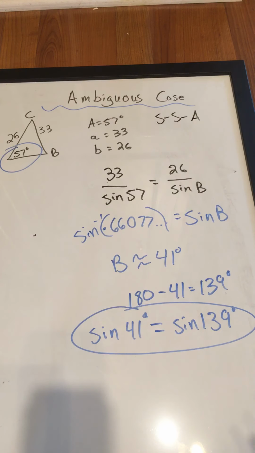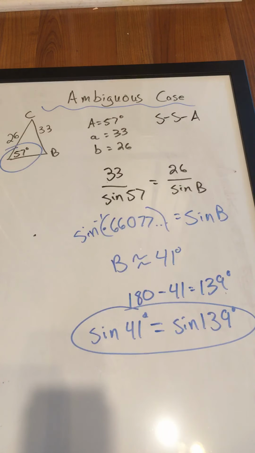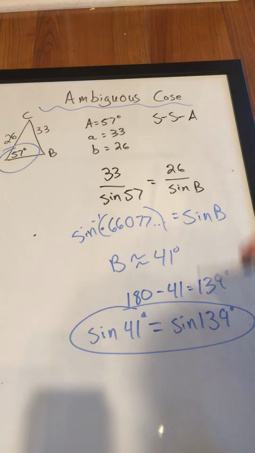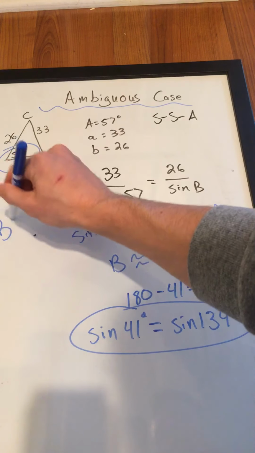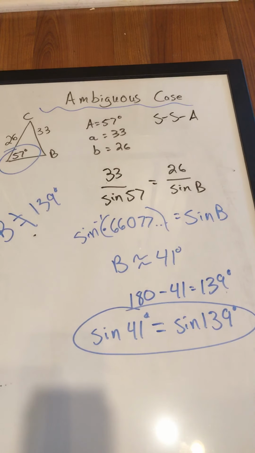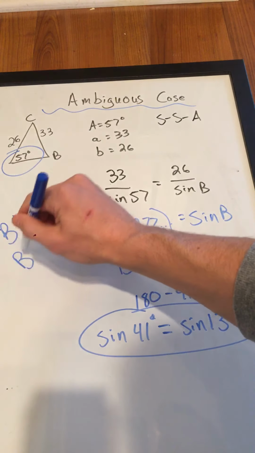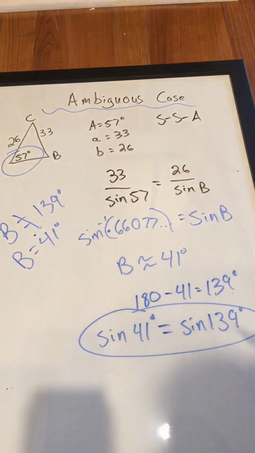If angle B was 139 degrees, then 139 and 57 would already exceed 180 degrees. Therefore, angle B cannot be 139 degrees. But angle B is equal to 41 degrees.